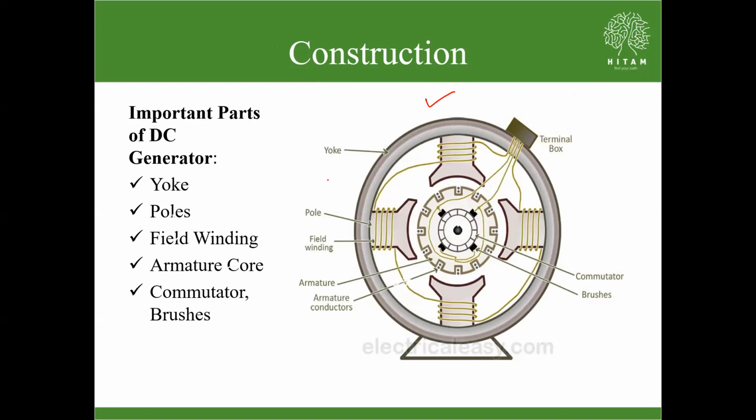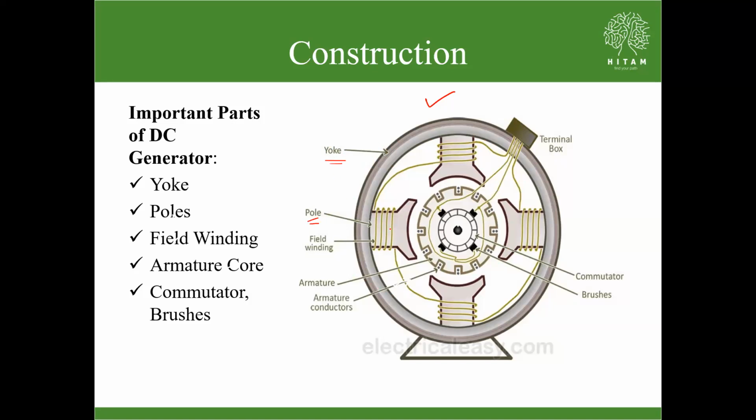First you have to identify the names of the components presented in the construction of a DC machine. See this first one, that is the yoke. The yoke is the mechanical support provided for these poles. See, these are the poles. So one by one we can go. First you just have to see the diagram.